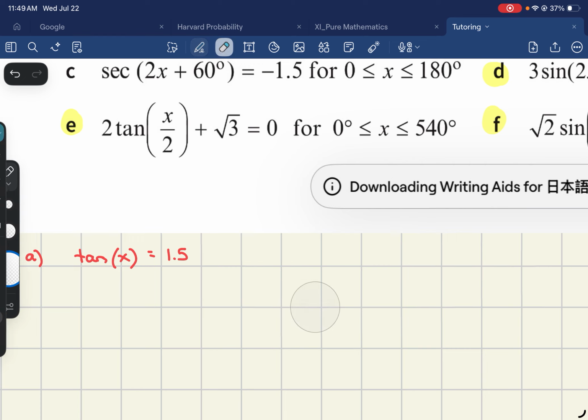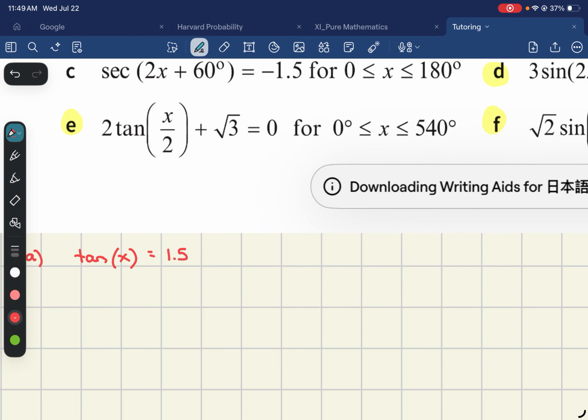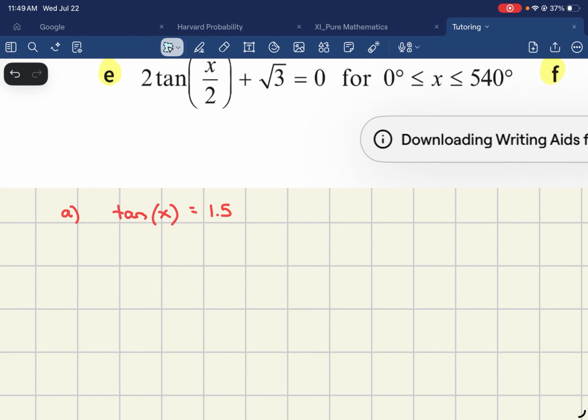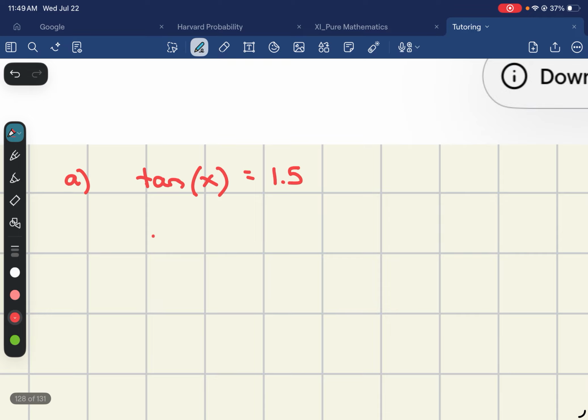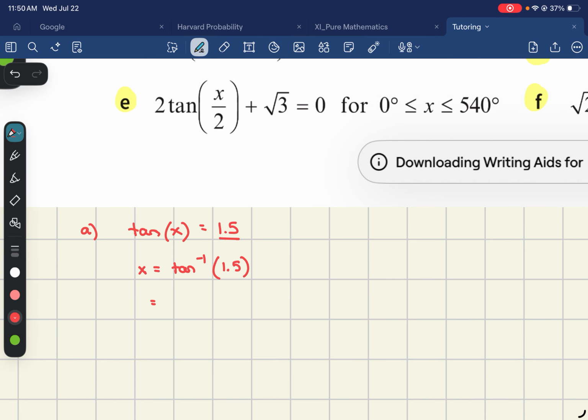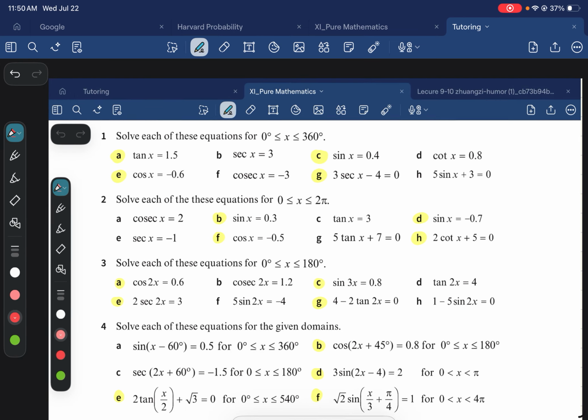Now that we have that down, if we have tan x is equal to 1.5, then x is equal to tan inverse 1.5. So that is going to give you an acute angle. This output is positive, so when you take the inverse tan of a positive value, you're going to get an acute angle less than 90 degrees.